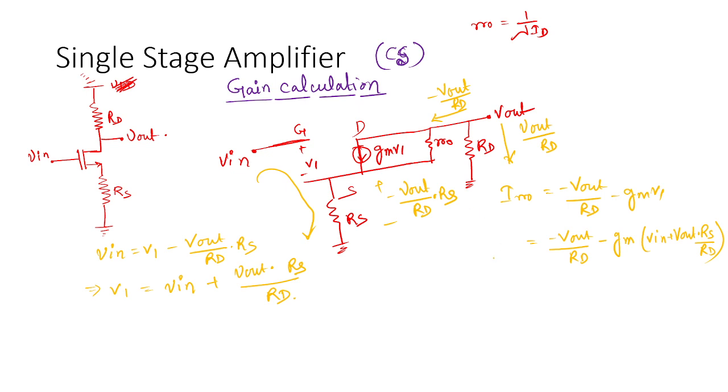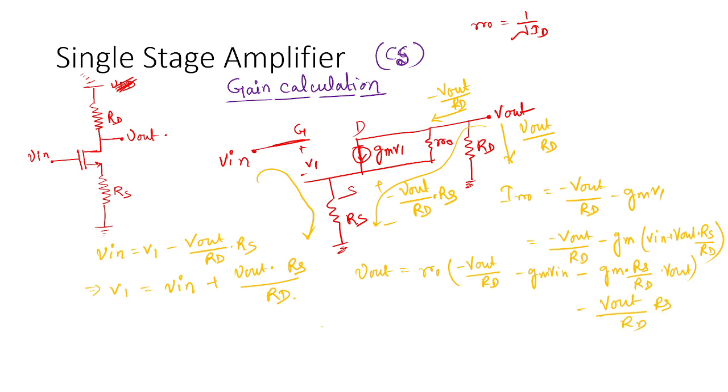Okay, so now if I write KVL in this loop, then you can write Vout is equal to r0 into Vout by RD minus gm times Vin minus gm into RS by RD into Vout minus Vout into RS by RD.